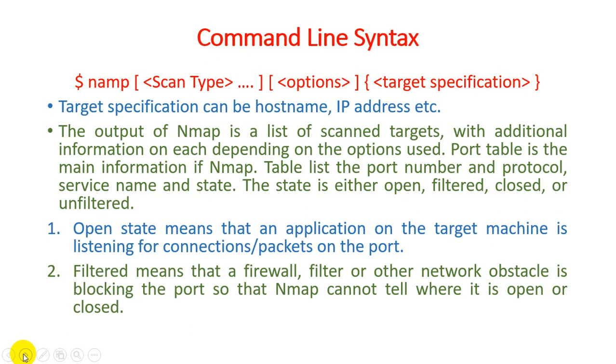Because at a base level, if a port is filtered, the tool cannot identify whether that port number is open or closed. But it provides the identification that this port is filtered, meaning it is a secure port.